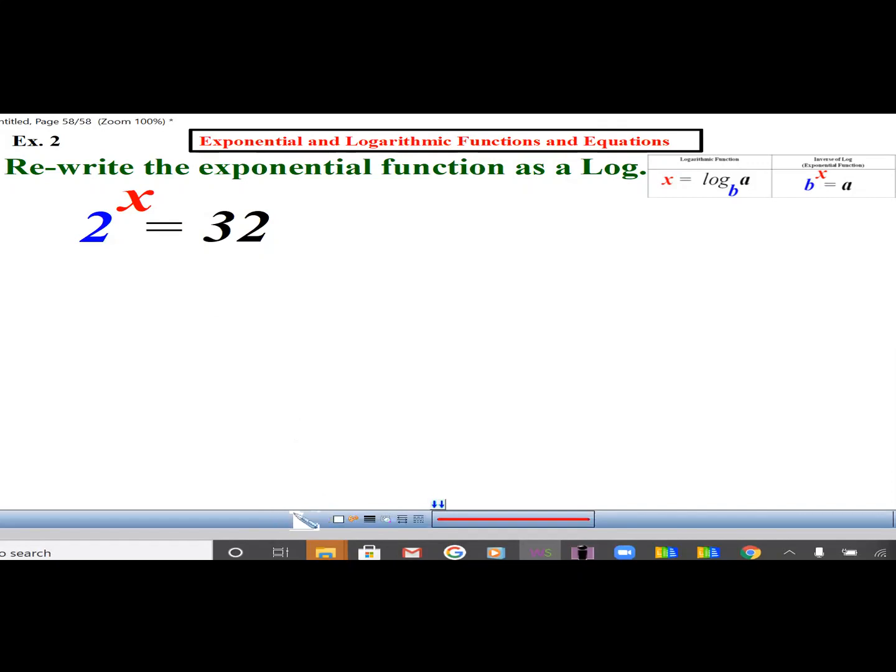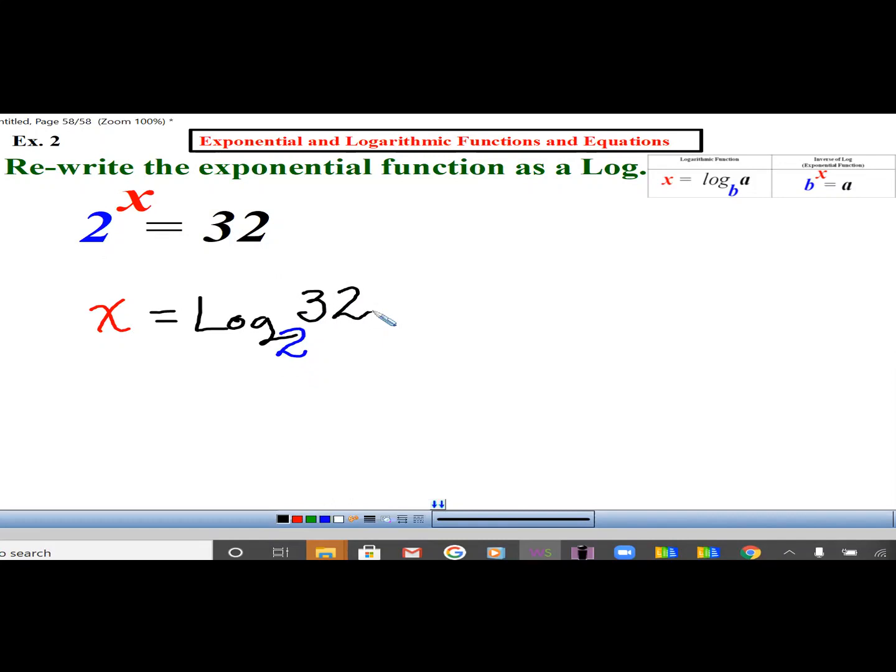You start off with your exponent. What is my exponent? x. Then, to make it into a log, you write equals log. That's automatic. Then you fill in the rest. What is our base? Our base is 2. And what is the given number? 32.